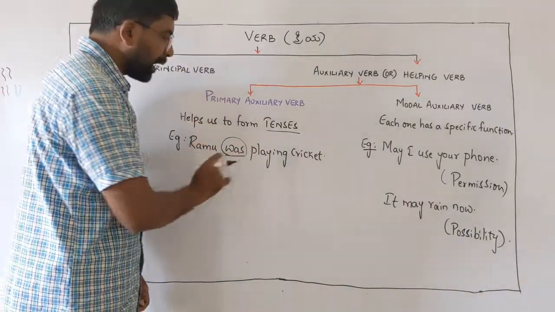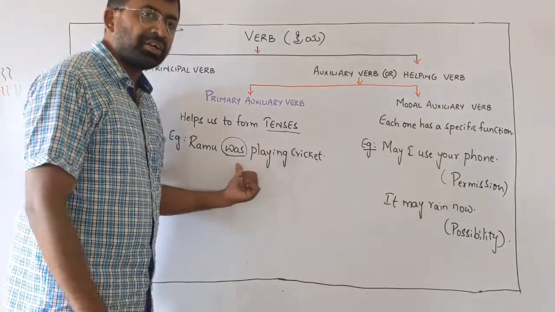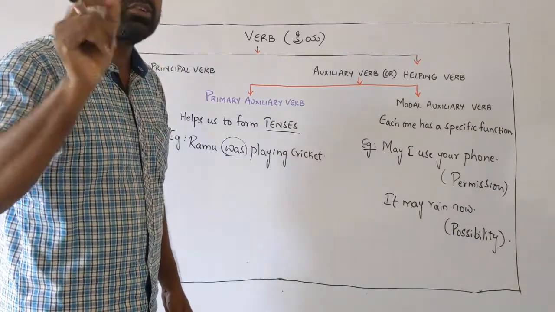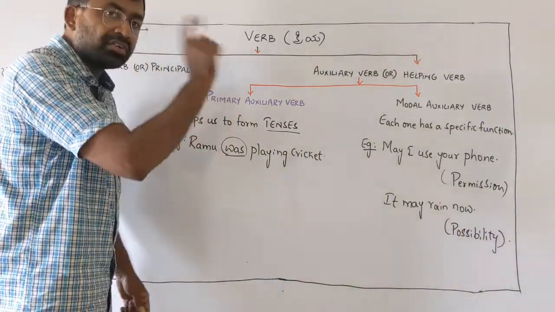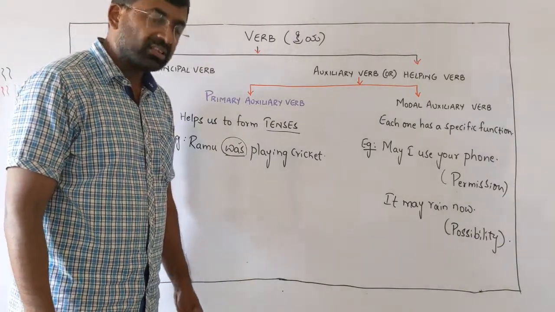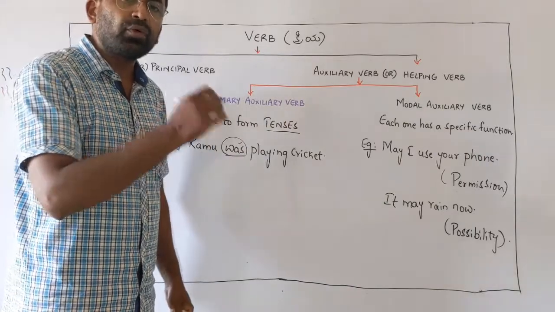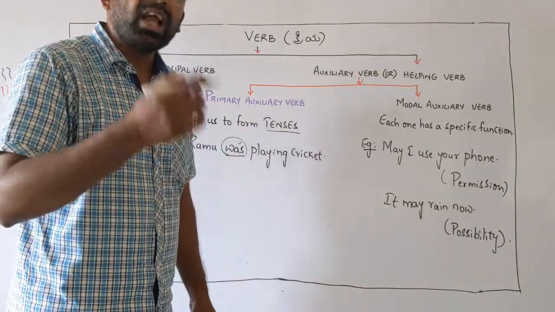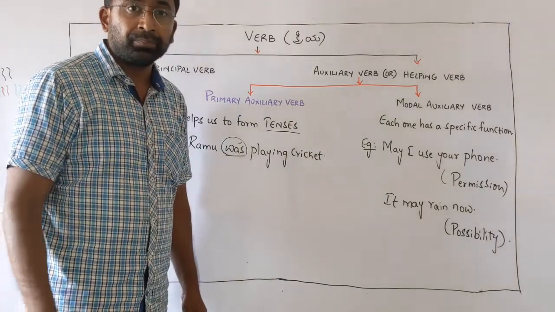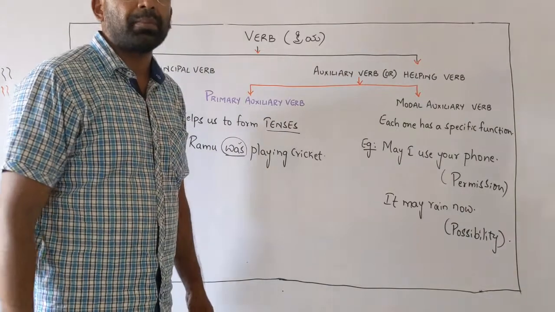Hence, past continuous tense. And which auxiliary verb helped us to frame this past continuous tense? Was. Hence, the primary auxiliary verbs help us to form the tenses. Indirectly, they help us to tell when the action has happened: is it happening now, has it happened, or is it going to happen?